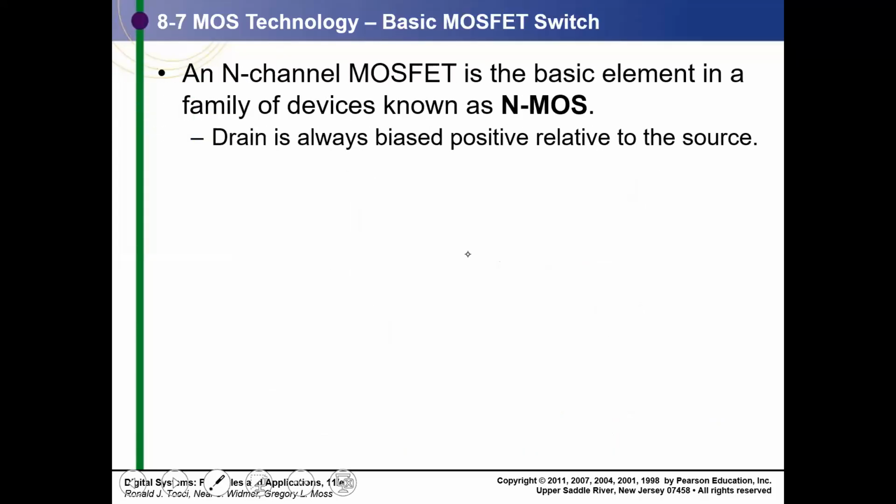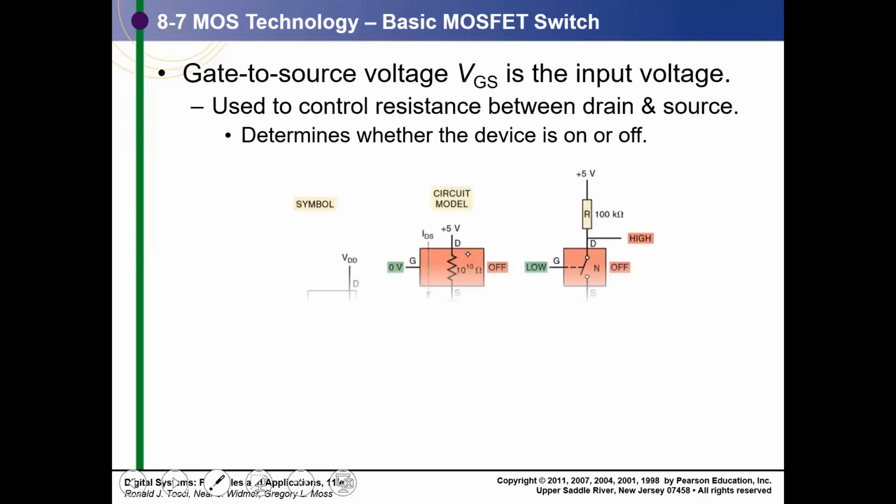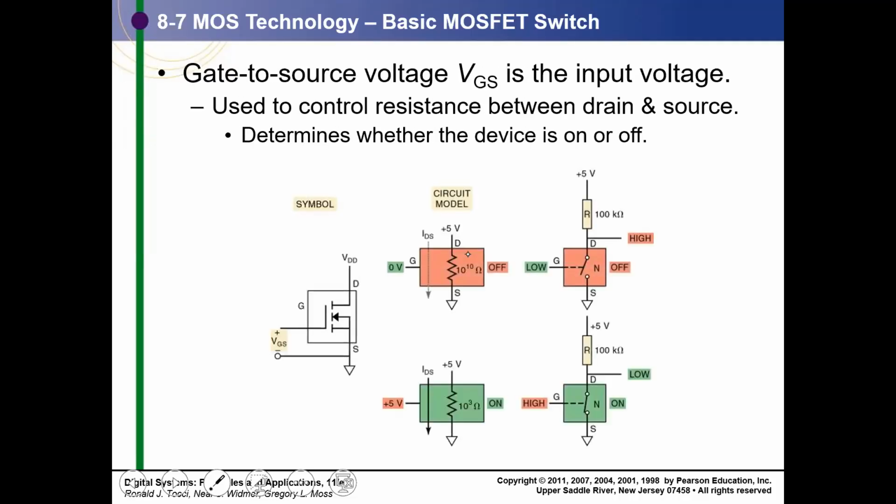N channel is the most fundamental device or element in MOS technology, and drain is always biased positive as compared to source. We have already known this. Now, gate to source voltage is the input voltage. I had talked about this in the previous class as well; it is used to control the conductivity between drain and source, so it determines whether your device is on or off.